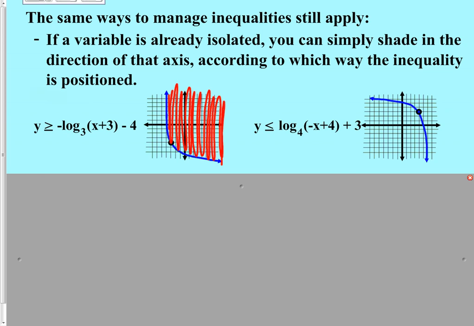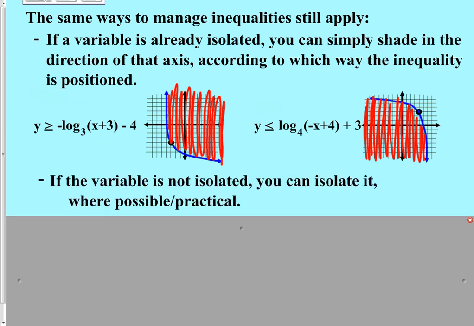Y is less than the curve, so we go towards the smaller values for y. Everything that is downward from the curve should be shaded. Anything on the line or in the red shaded area, any coordinate x comma y, should plug into the inequality and give you a true statement.